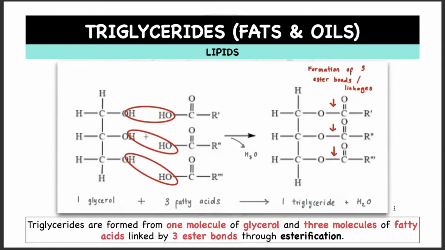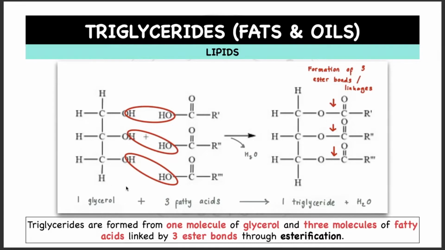Okay, so this is how triglyceride is actually being formed. So take note that triglycerides are fats and oils. So they are formed when one molecule of glycerol, okay, so this molecule over here is a glycerol, and three fatty acids. You have 1, 2, and 3.